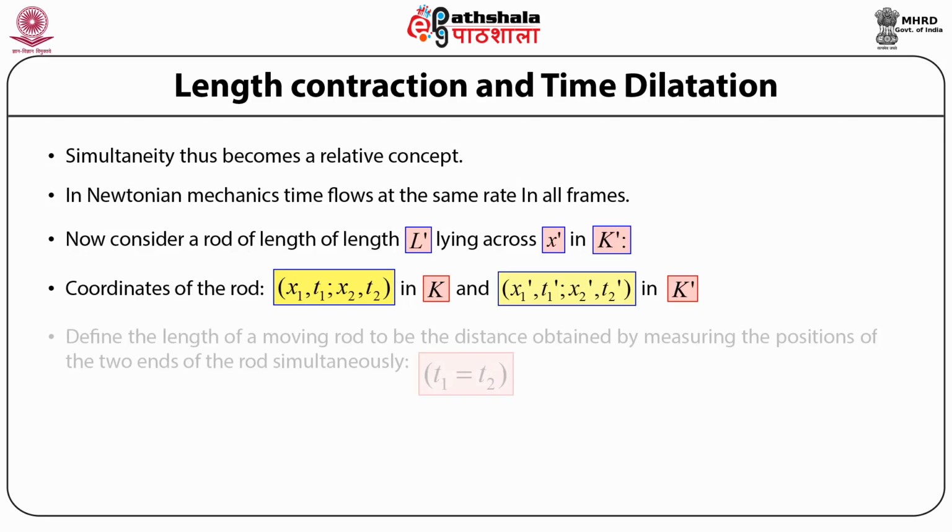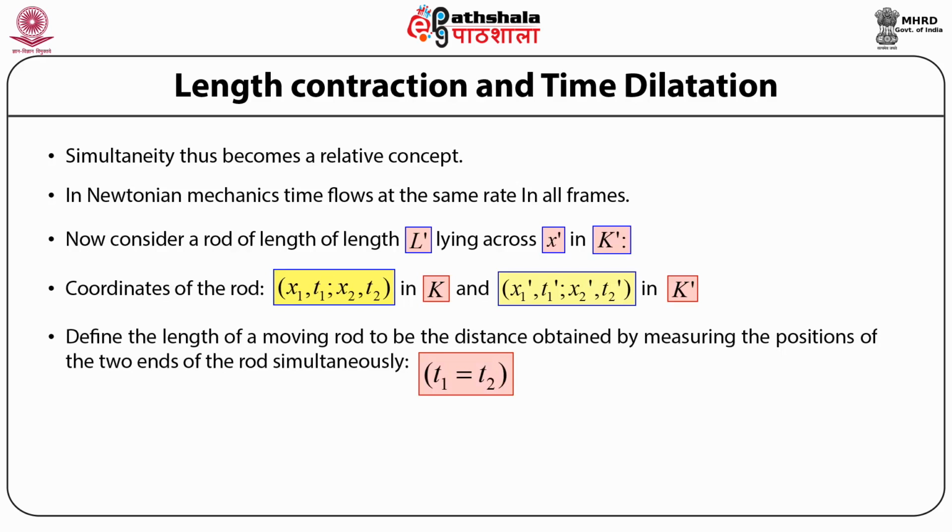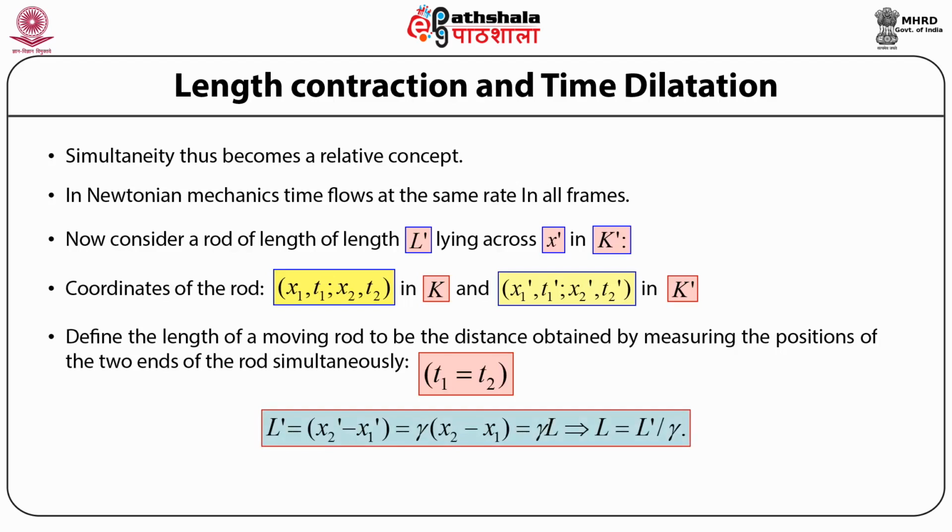Now, if we define the length of a moving rod to be the distance obtained by measuring the positions of the two ends of the rod simultaneously, that is t1 is equal to t2, then the length of the rod in the frame of reference in which the rod is stationary is given by L prime is equal to x2 prime minus x1 prime is equal to gamma times (x2 minus x1).